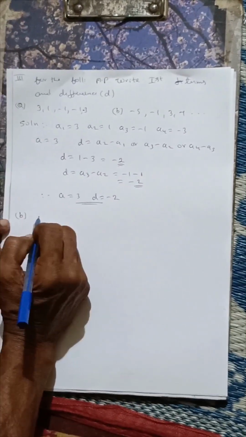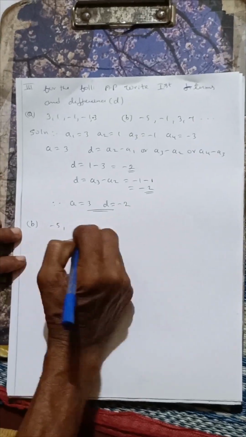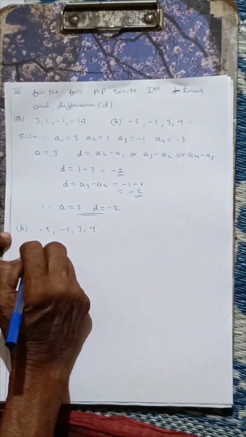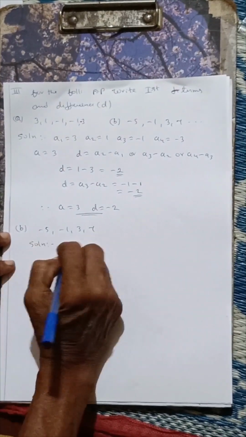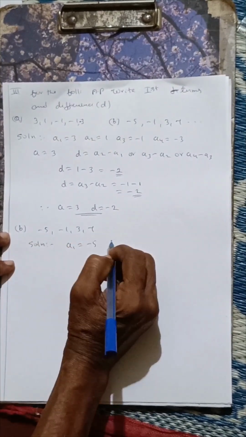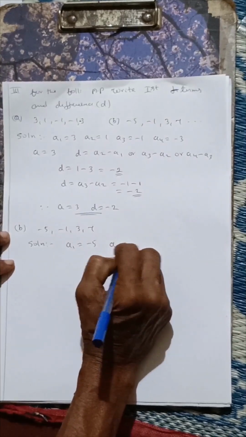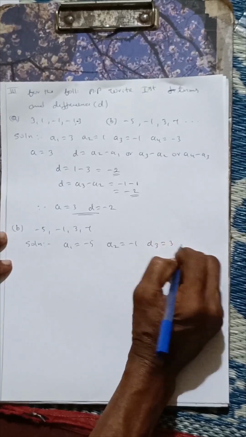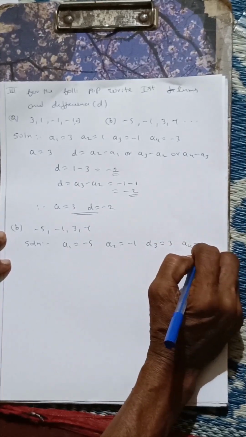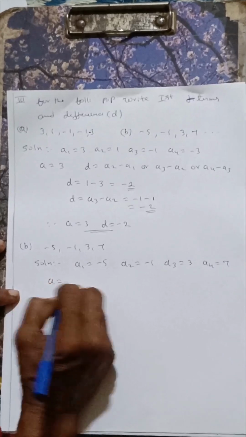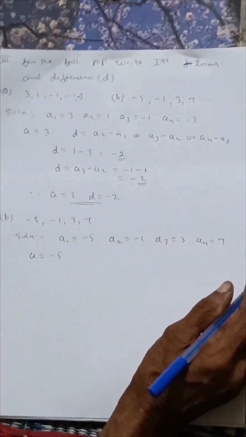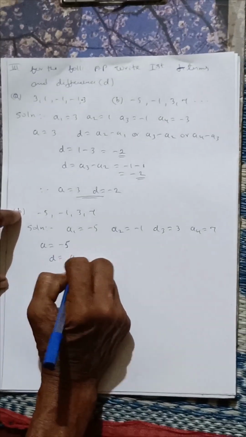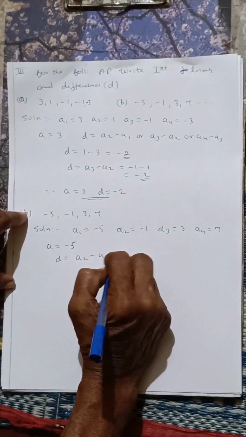Question number B: minus 5, minus 1, 3, 7. Here also A1 equal to minus 5, that is the first term. A2 is the second term, it's minus 1. A3 is 3, A4 is 7. So the first term A is minus 5. Difference D equal to A2 minus A1.